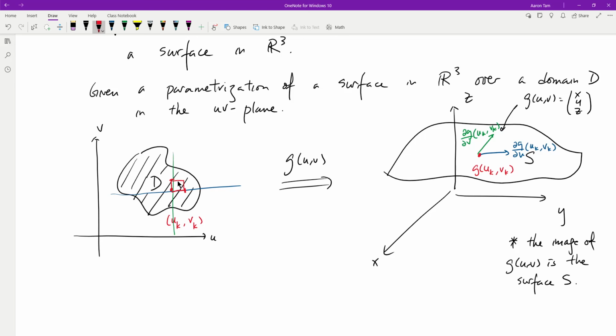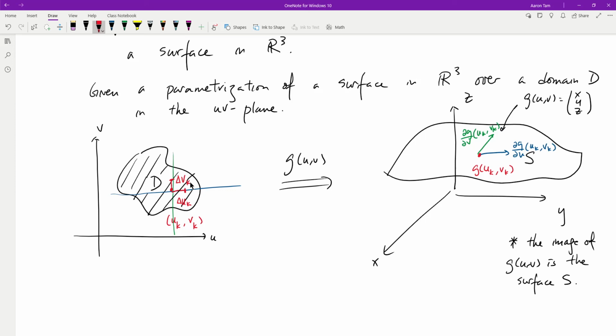I'm going to call the slight movement this side delta u sub k, and the slight movement up delta v sub k.